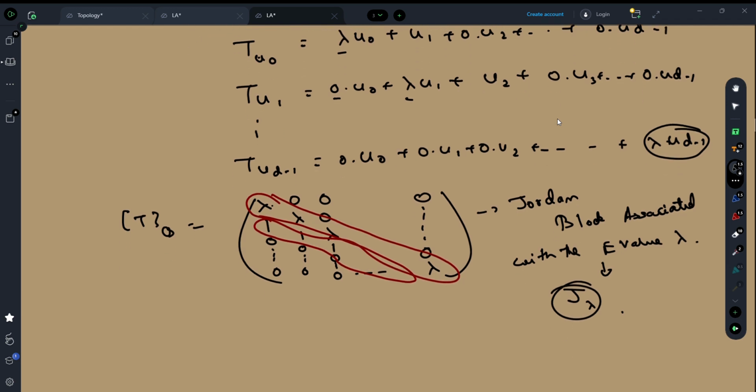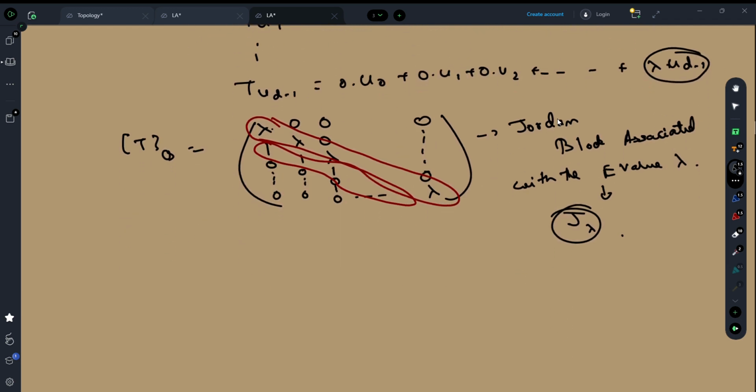Clear? In some books you can also find the Jordan block J lambda denoted like this: lambda, then you have 1 here, then 1 here, then 1 here and so on. So the 1 comes above these lambdas from some point of view.